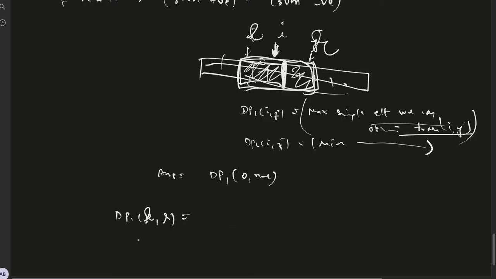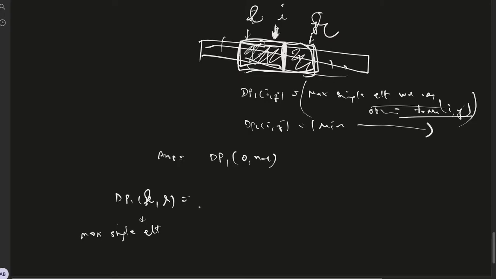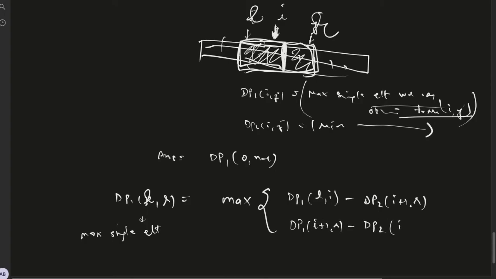So the maximum single element from l to r would be the maximum single element from l to i minus the minimum single element from i plus 1 to r, and we take the maximum over all such i. So this is the transition.